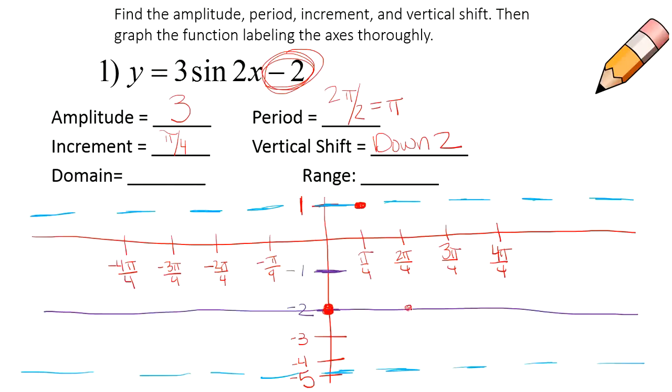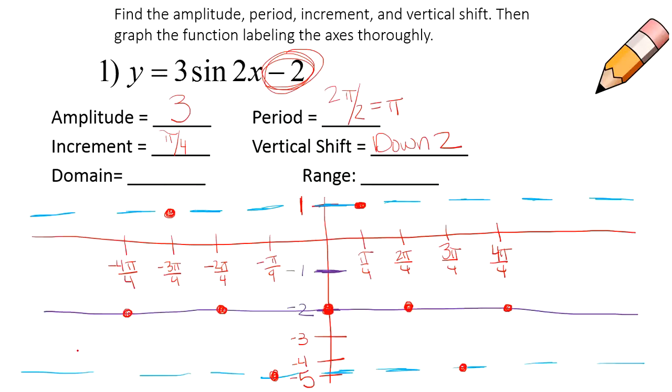It's going to cross over on our midline at that point. And it's going to bounce down here at our amplitude and then cross over there at our midline. Then we're going to bounce down here, cross over our midline, bounce up here, then cross over at our midline.